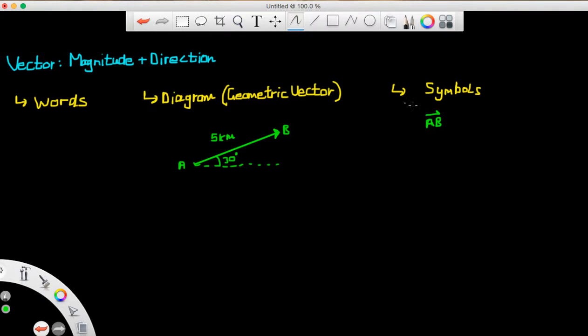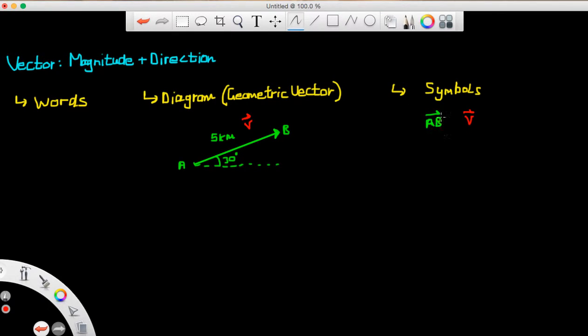Alternatively, instead of a compound symbol, it could just have a letter. For example, if this vector had the letter V representing it, then instead of using AB, we could also use V. So these are the three ways of representing a vector.